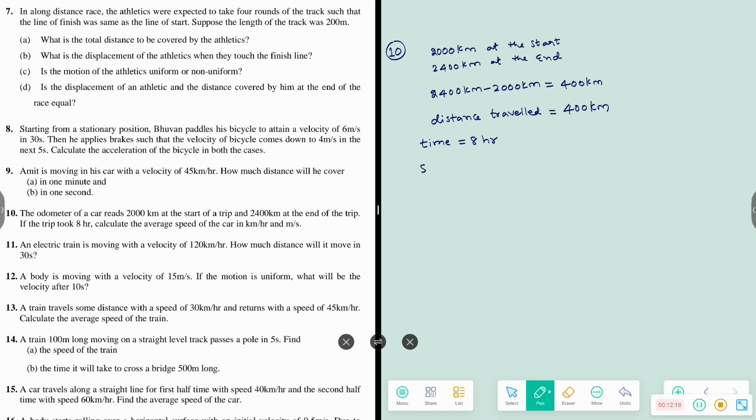What is average speed? Average speed is equal to total distance covered by total time taken.